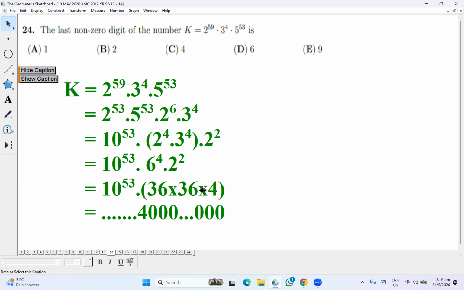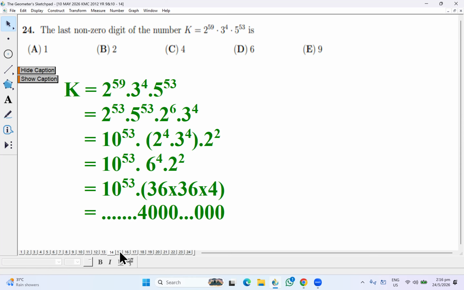Last digit 6 times 4 will be 24. So 4 is the last non-zero digit, followed by 53 zeros. In front, how many digits? We don't know, and we don't need to calculate. You just need to know 6 times 4 is 24.